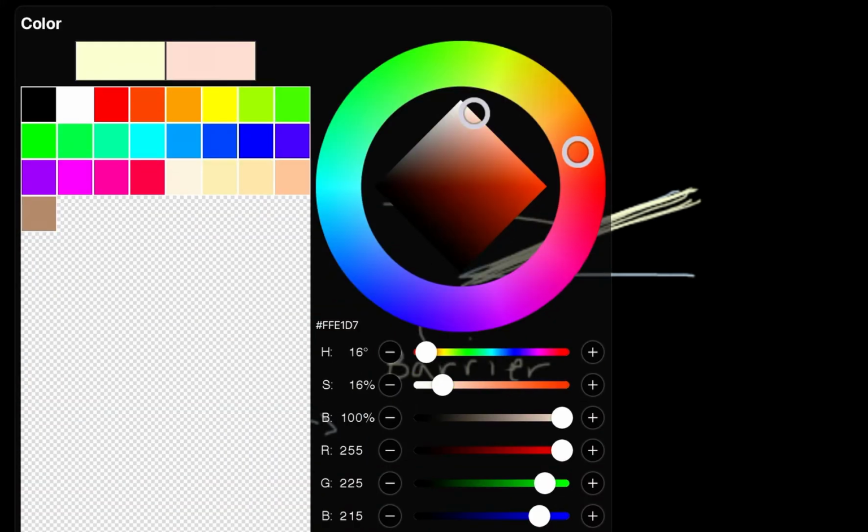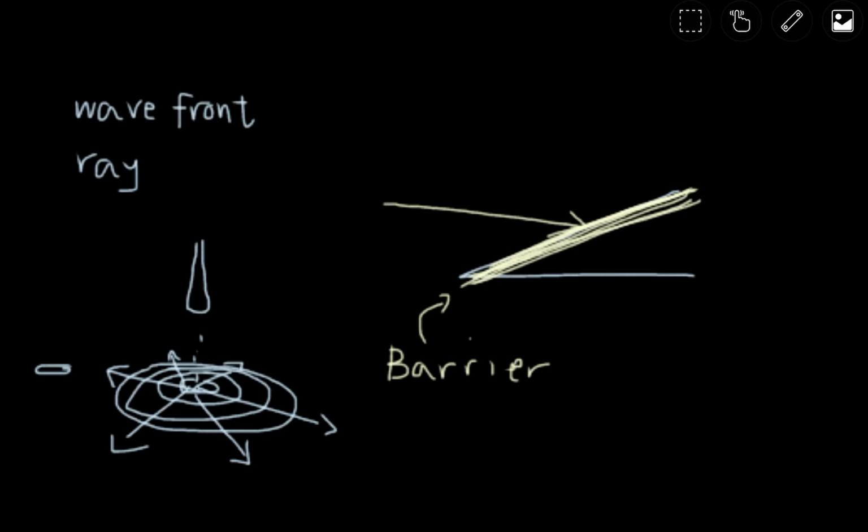The point of a barrier is to help us figure out other stuff like the normal line. The normal line is always perpendicular to the barrier. Normal line: perpendicular to the barrier.